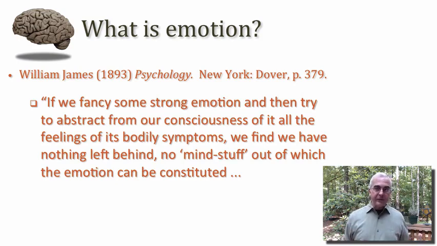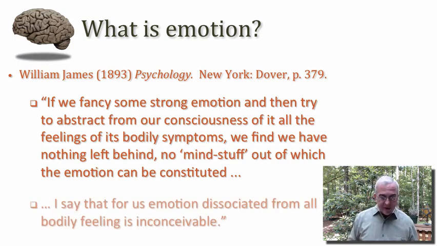Now, I'm not necessarily promoting all of the ideas and concepts put forth by William James more than a century ago, but I certainly think he was onto something here by suggesting that if we want to understand emotion, we need to understand how the brain moves the actions and interactions of the internal bodily state.